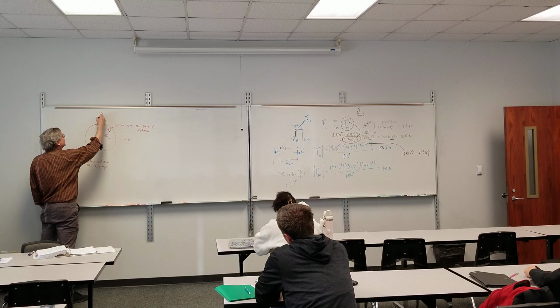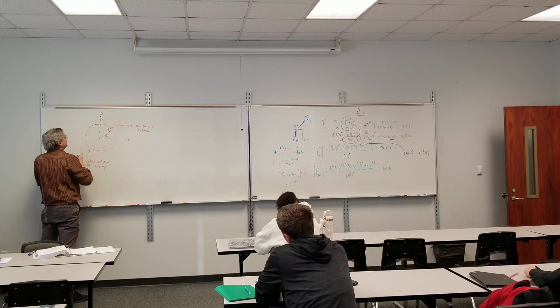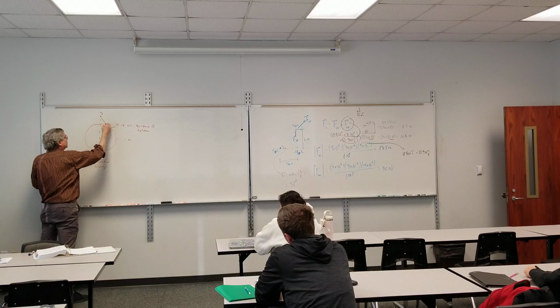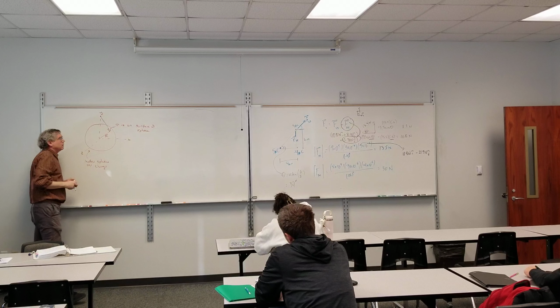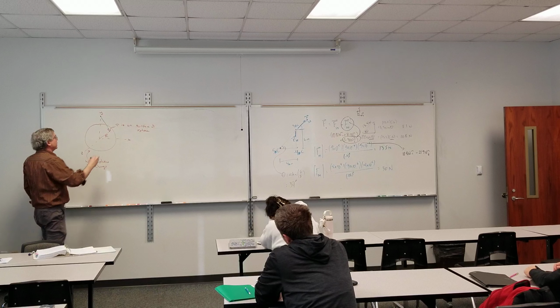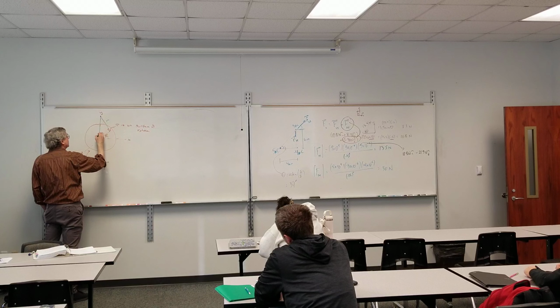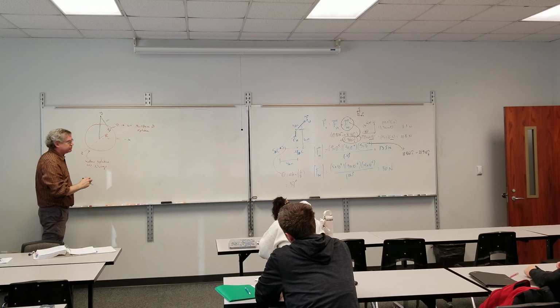Let's take a point here. I've got multiple colors that I'm using. So that right there I labeled as little r, and the distance from here to here I used L, yep.